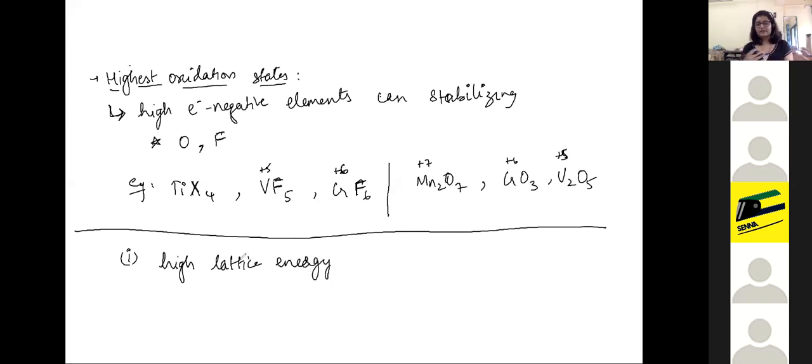When they form the crystal lattice, a lot of energy is released, and that leads to stability, like in the case of NaCl, for example. Another reason why fluorine is able to stabilize is that it has a relatively higher bond enthalpy.